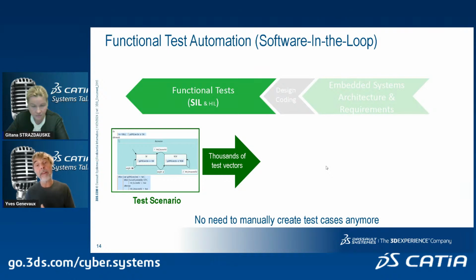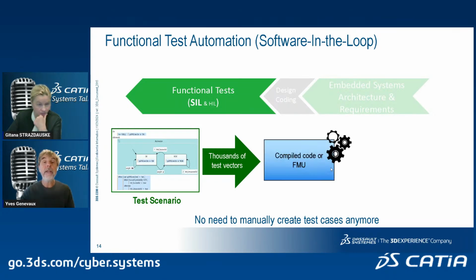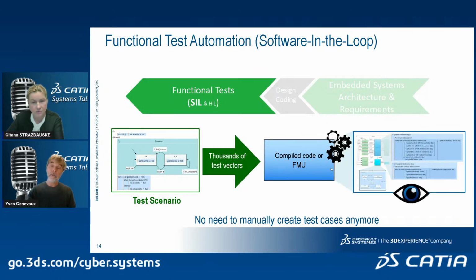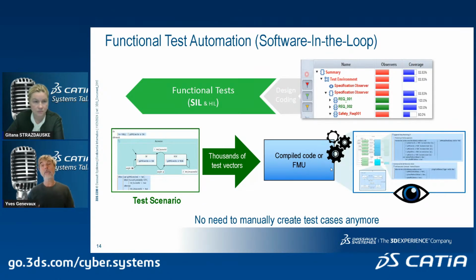We have made sure that the test objectives are the right ones. So now we are going to reuse the same test scenarios as before, which will generate the same test vectors, but this time we apply them on typically the code or an FMU representing the system. And we use an observer containing the requirements, which will detect automatically any violation of any requirement.